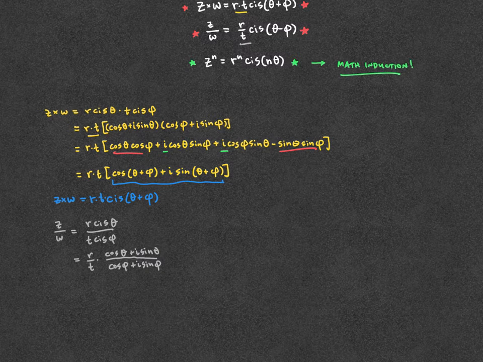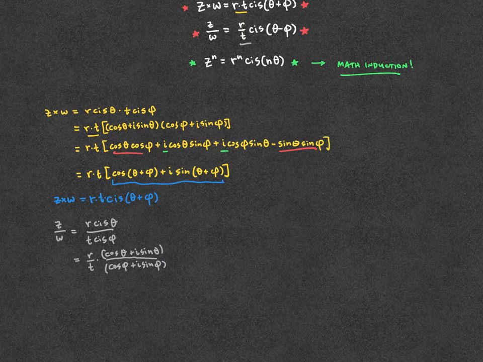Okay, now I want to clean this up, right? I want to be able to combine this into one term, no denominator involved. So whenever you're trying to reduce the denominator of a complex number, you typically want to use the conjugate. So I'm going to multiply the denominator and the numerator by the conjugate of the denominator.